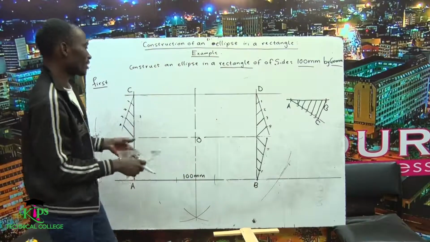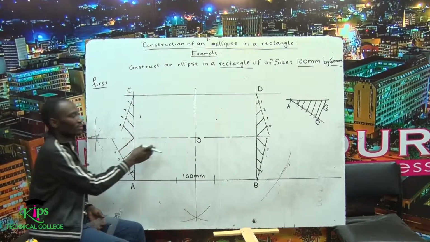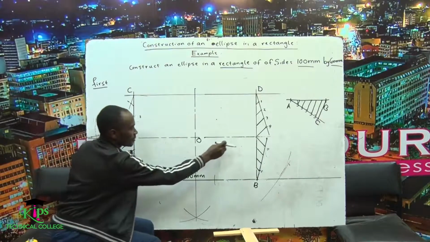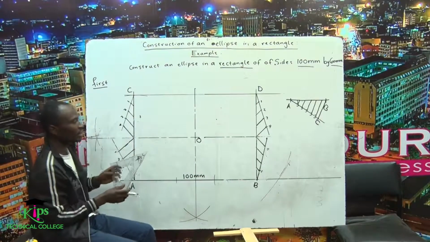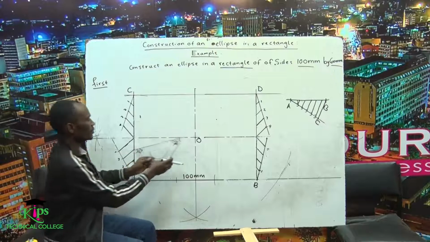So now whatever is remaining is to subdivide this line and this line again into equal parts.